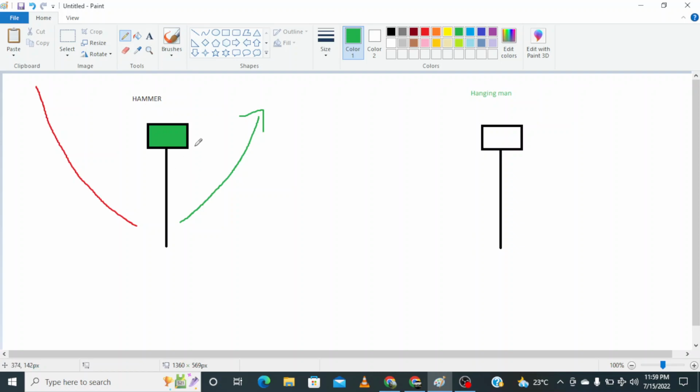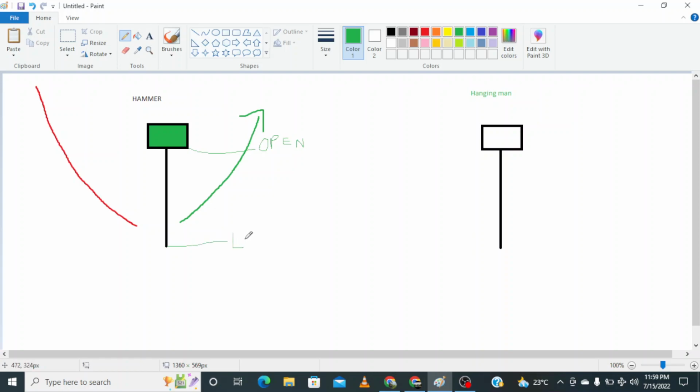Now, what does a hammer signify? It signifies that the market opened at this price. It went down. The bears, the people who were selling, took it down till here.